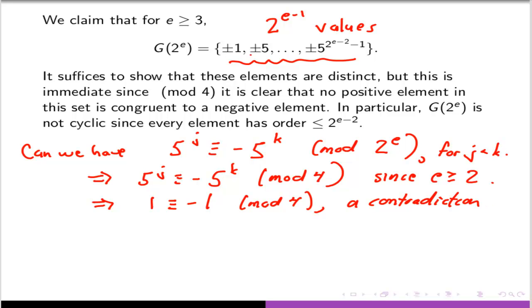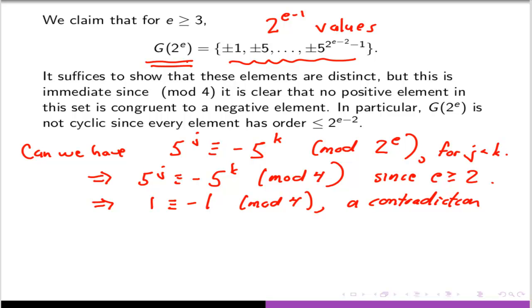And so none of the positive powers are congruent to a negative power, so we really do have a full set of 2 to the e minus 1 distinct values, which fills up the group of units mod 2 to the e.